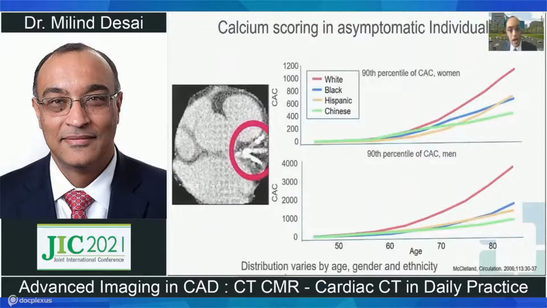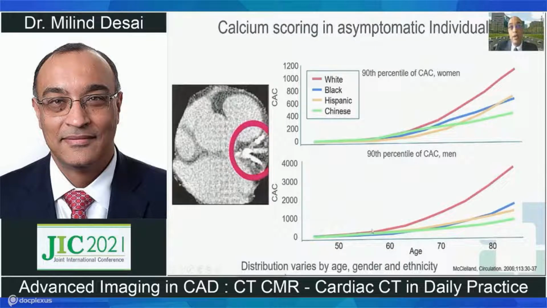Of course, non-contrast chest CT has been used for a while now to evaluate the plaque burden by calculating the calcium score in the coronaries. Multiple papers over different continents, over different generations have been published, which have shown that measuring coronary artery calcification provides incremental prognostic value.